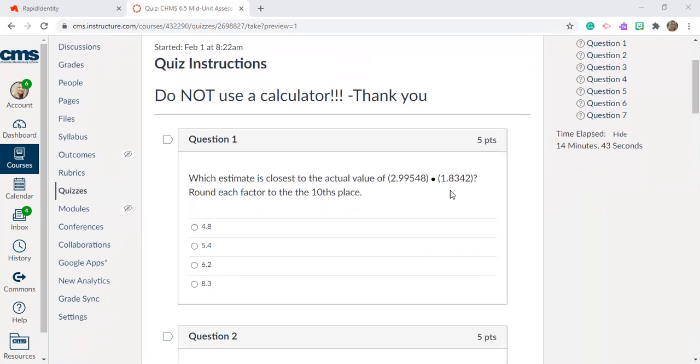So once you've rounded these numbers, you're going to go ahead and multiply. Your answer choices are 4 and 8/10ths, 5 and 4/10ths, 6 and 2/10ths, or 8 and 3/10ths. Pause and do the work.